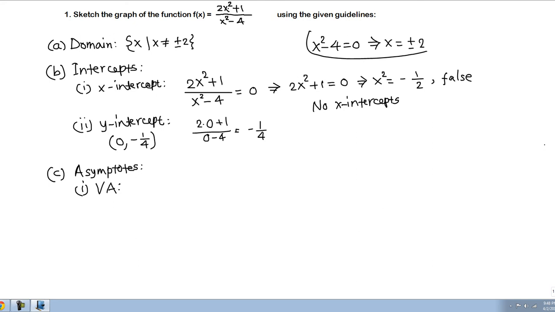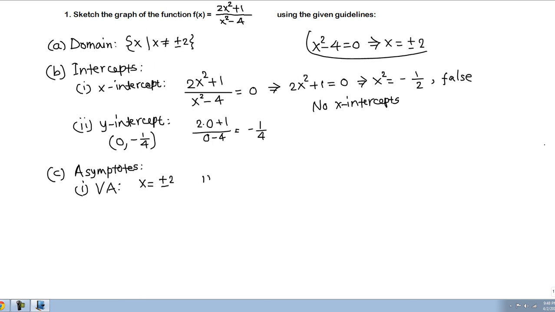Since this is a rational function and is already simplified, x equals plus or minus 2 are the vertical asymptotes. When x approaches 2 or negative 2, this function either goes to positive infinity or negative infinity, and it blows up or goes down. That's how we find the vertical asymptotes. So the vertical asymptotes are x equals 2 and negative 2.